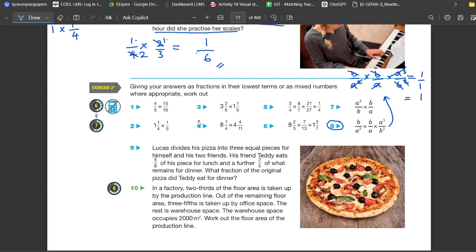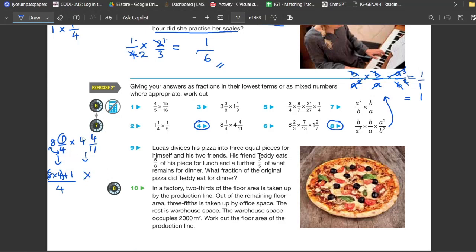So I will do this fourth one also. That's 8 1 over 4 times 4 4 over 11. So first thing we have to do is convert these into fractions. These are mixed numbers. So what we do is we multiply 8 times 4, add 1, over 4. The denominator doesn't change.